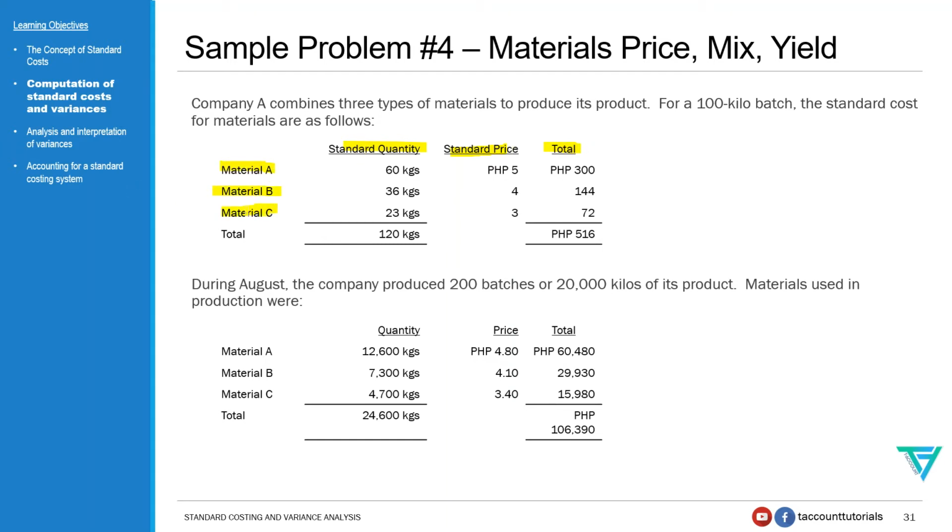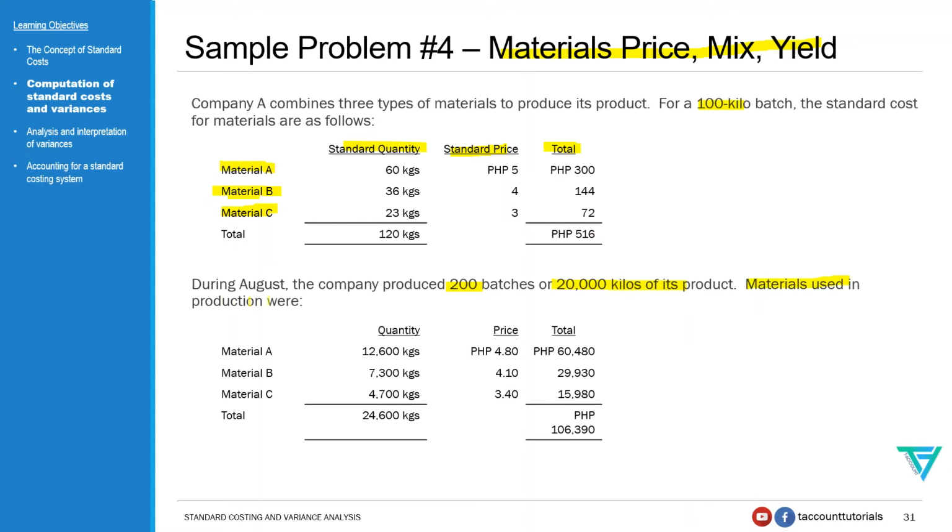As we discussed earlier, this type of analysis is applicable to a production line having different kinds of materials. During August, the company produced 200 batches, or 20,000 kilos of its product. So 200 times 100 kilos per batch gives us 20,000 kilos, right?